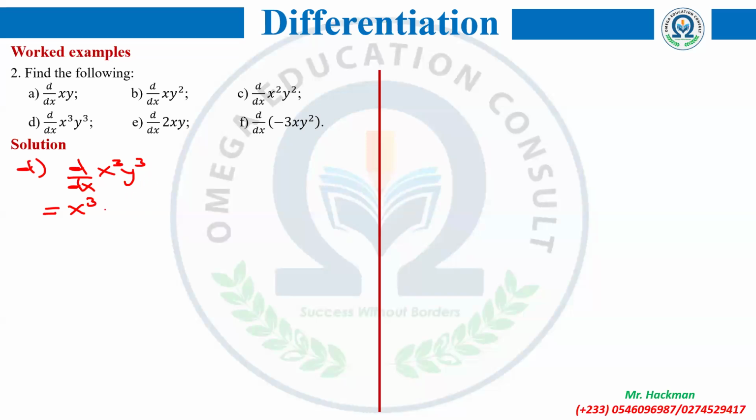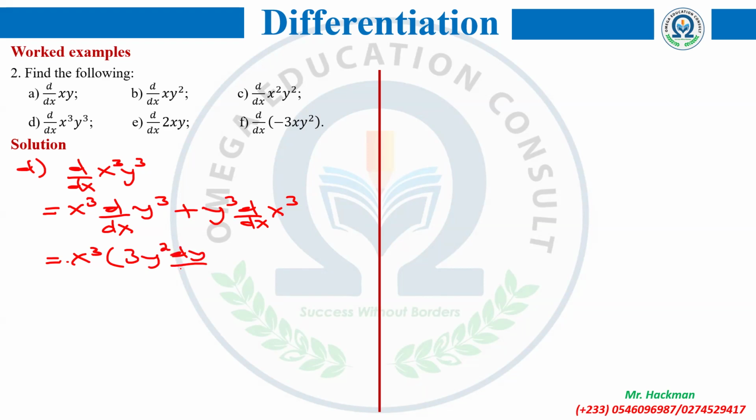So it will be d/dx of y cubed, plus I come and hold my y cubed, then find d/dx of x cubed. My professors, I hope you are following. So this will be equal to x cubed held, d/dx of y cubed will give us 3y squared dy/dx. The dy/dx factor will come in because the variable here is not the same as this.